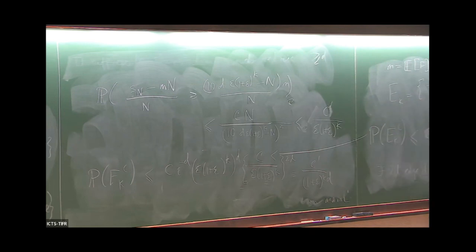Now this is summable in k. So the Borel-Cantelli lemma tells you that the sum of probabilities of Ek complement is finite, which means Ek complement cannot occur infinitely often, which means that from some k0 onwards, Ek must happen.